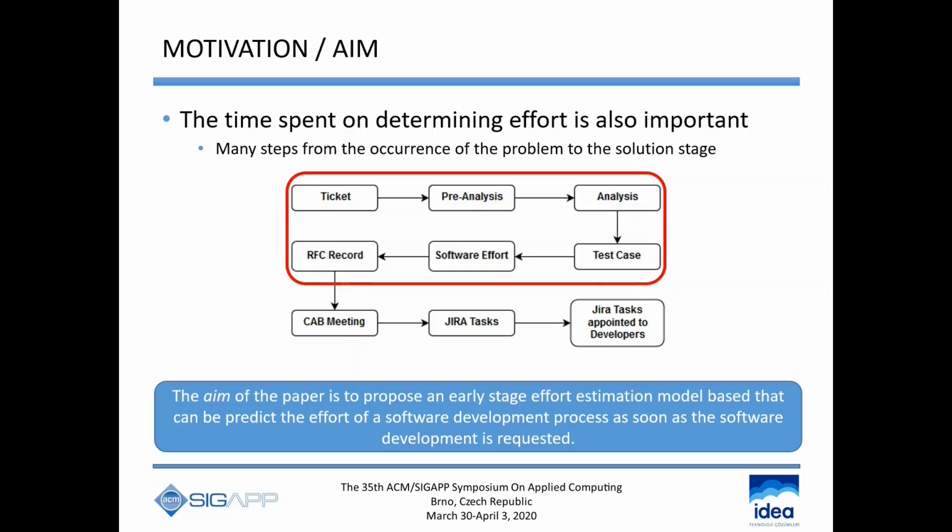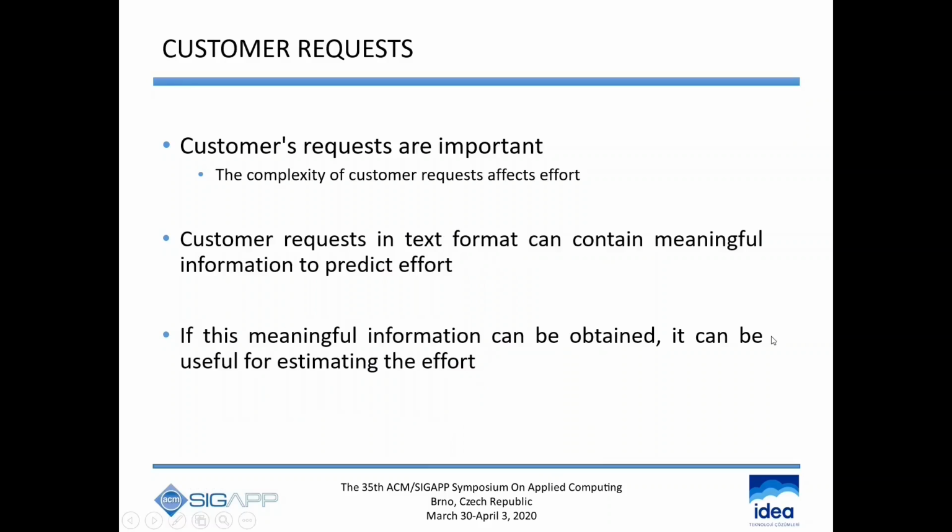So the aim of the paper is to propose an early stage effort estimation model that can predict the effort of a software development process as soon as the ticket is created. We believe customer requests are important. We thought the complexity of a job is related to what customers want.